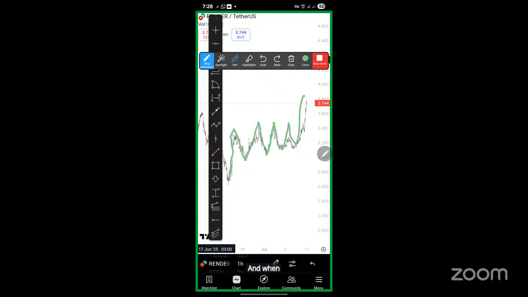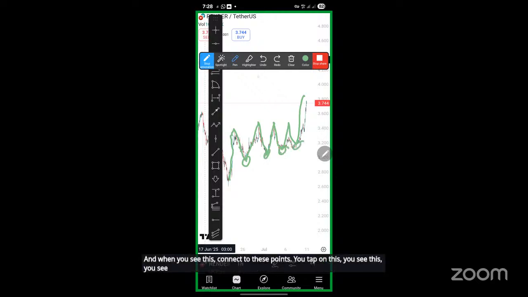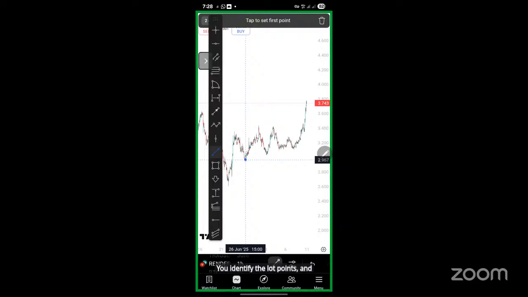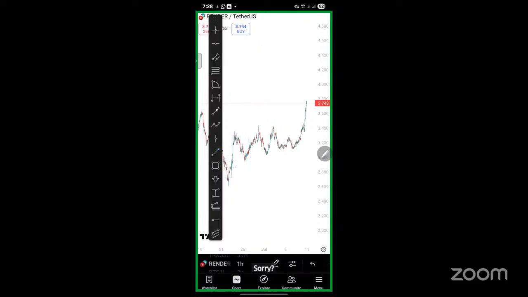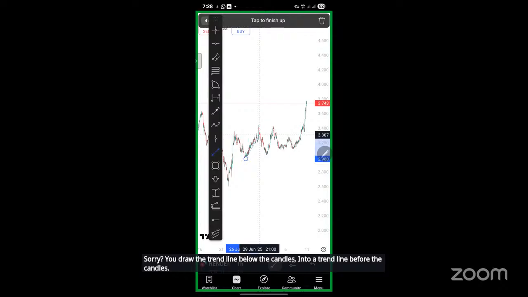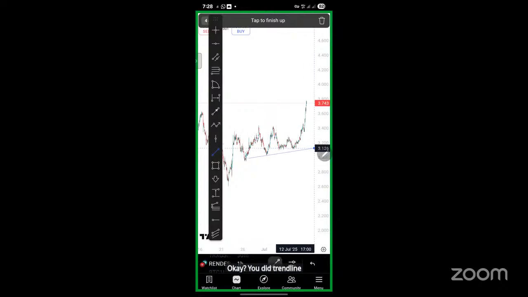And when you see this, you connect these points. You identify the lower points and you draw the trend line below the candles, like this.